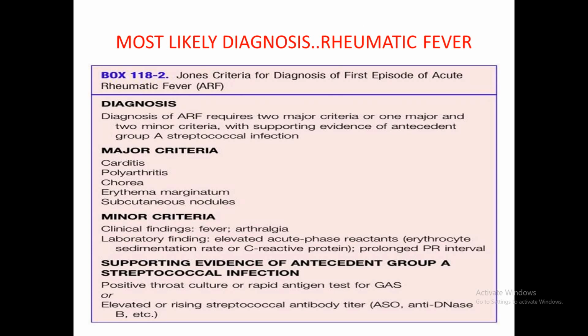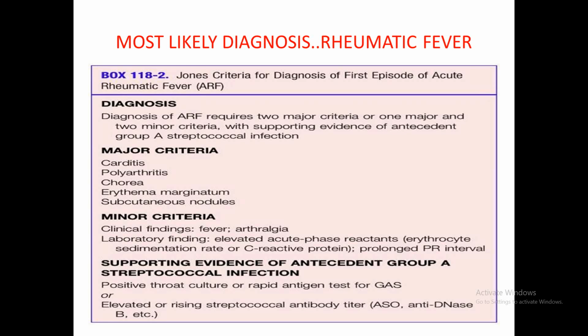Diagnosis of this is that we need two major criteria, or one major and two minor criteria, plus supporting evidence of the antecedent group A streptococcal infection. There should be evidence of a group A streptococcal infection in this patient, plus the major or minor criteria.